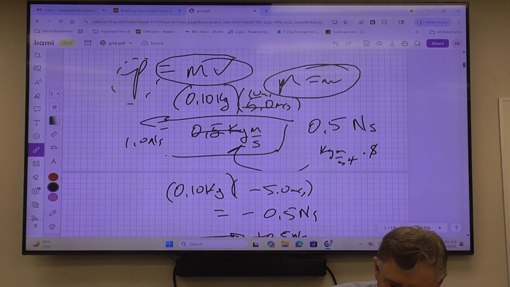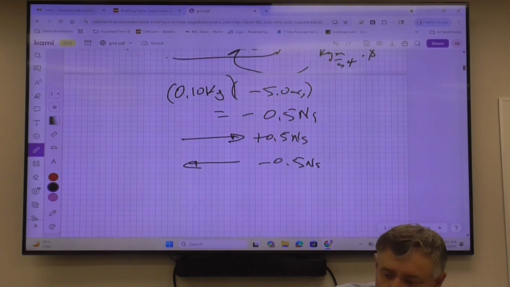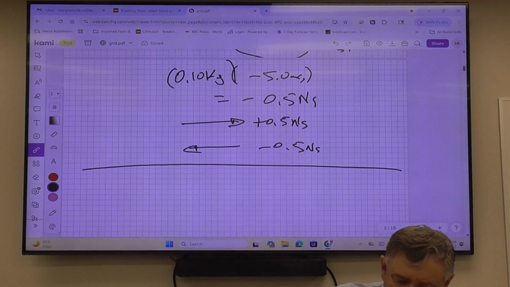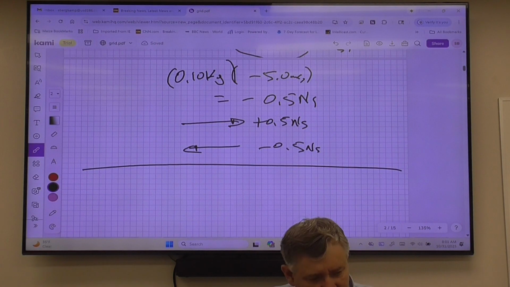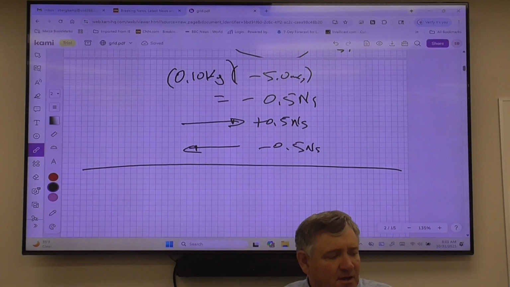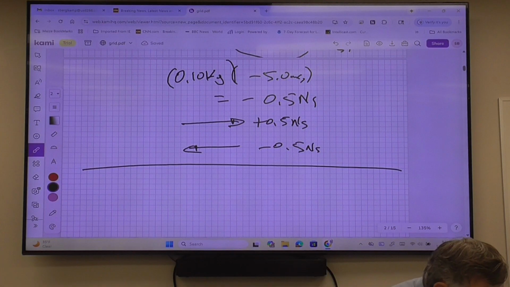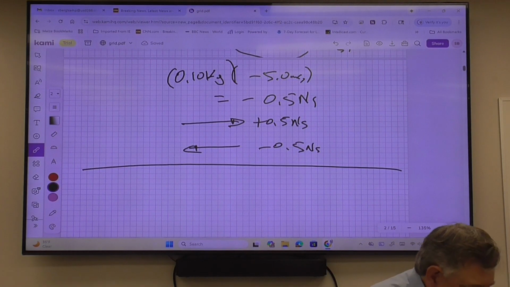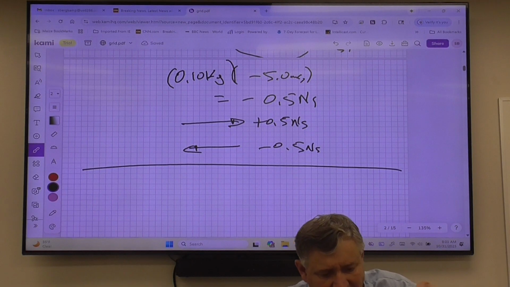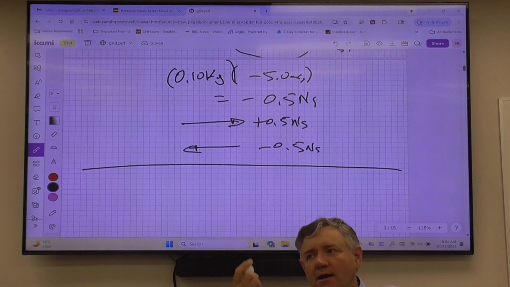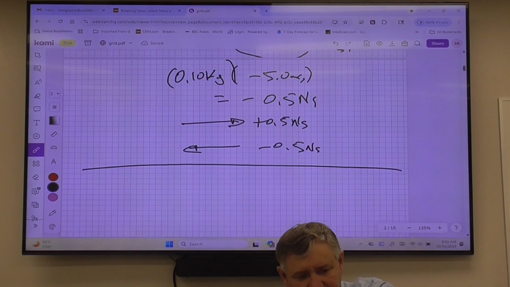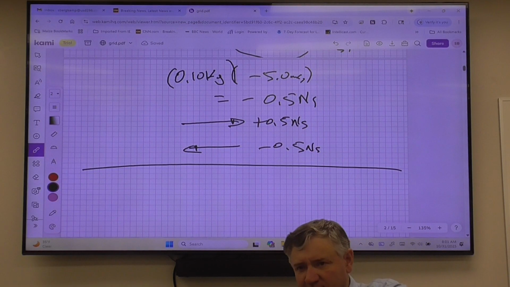Now, here's the next question. Do not confuse momentum with inertia. They're related, but not the same thing. So, is it possible for Hank and the golf ball to ever have the same inertia?